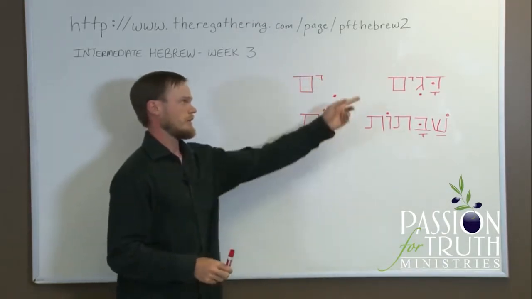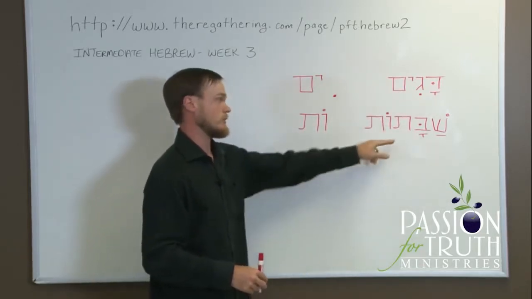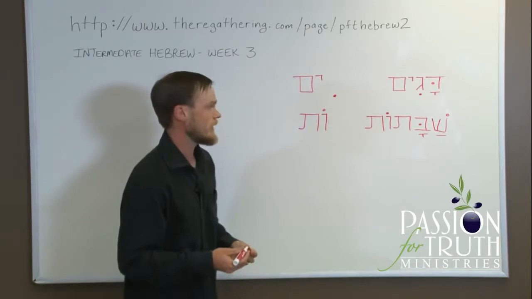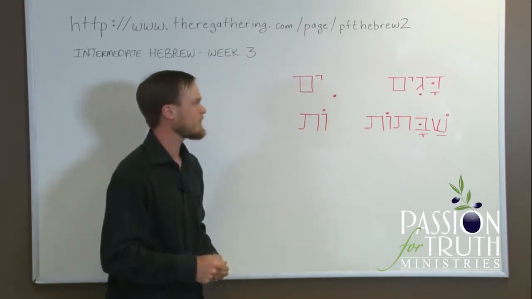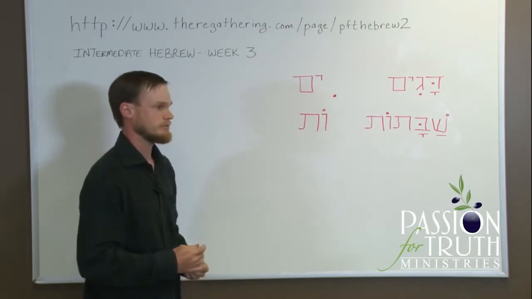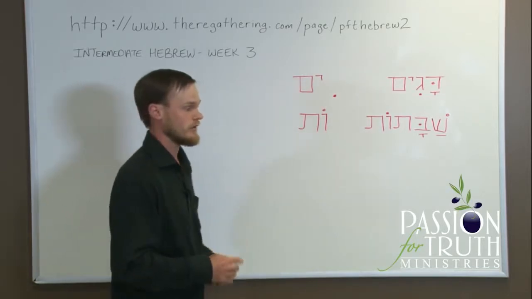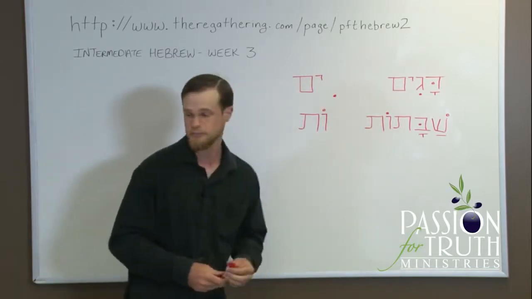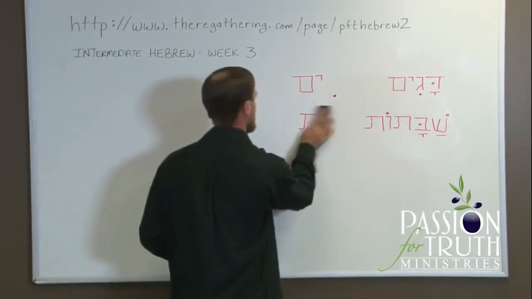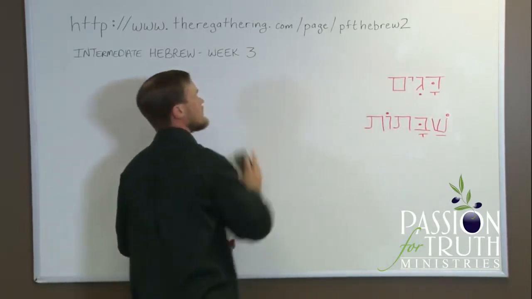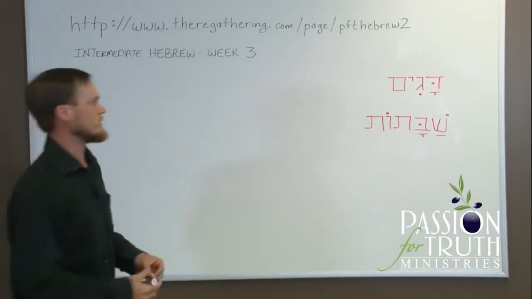Okay? Dog is a masculine noun, so it takes eem. Shabbat is a feminine noun, so it takes ot. Okay? So that is the standard rule, and this applies in most cases. However, there are exceptions, and so I want to cover some of the more common ones that you will encounter. And they are listed on that page, but I want to go through them just so you hear them.